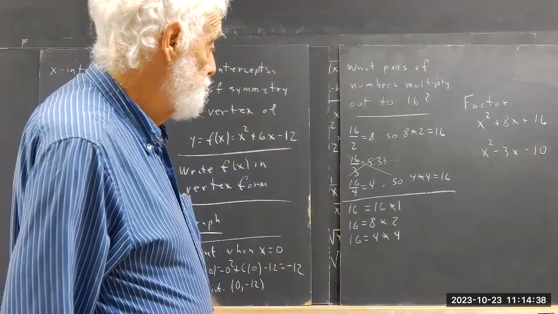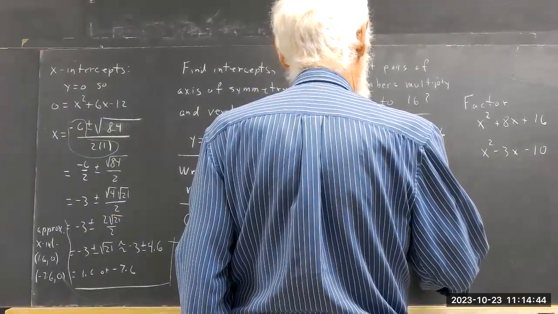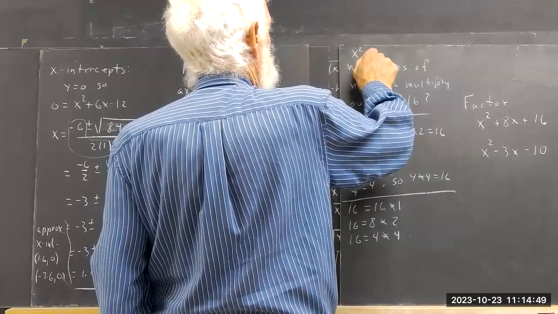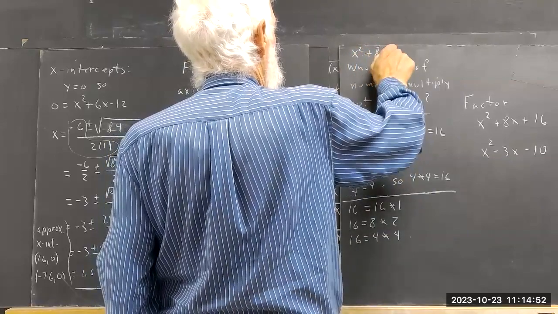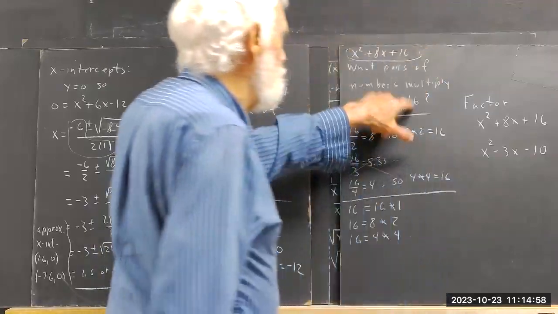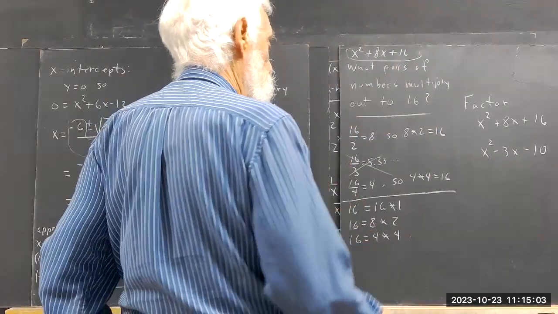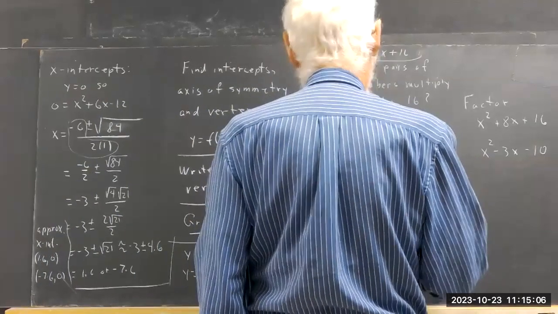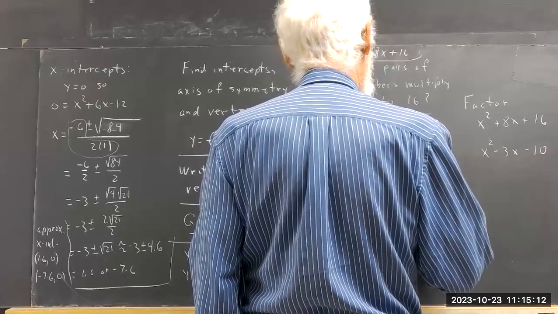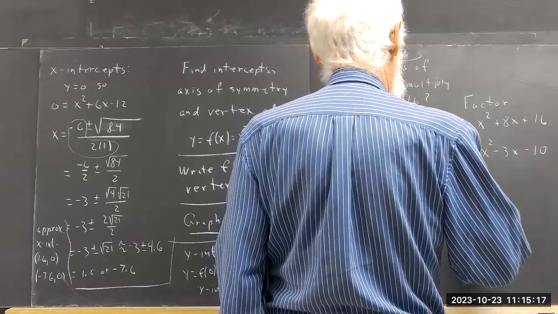So now, what we're doing is we're taking x squared plus 8x plus 16. This is what we're trying to factor. The reason we looked at the numbers that multiply up to 16 is, well, we're going to see in a minute. Okay, so now we're going to try x plus 16 times x plus 1.